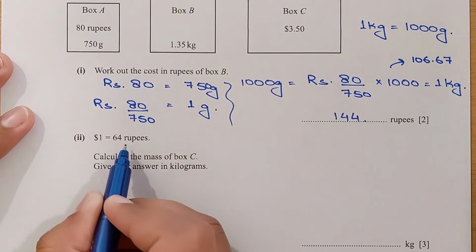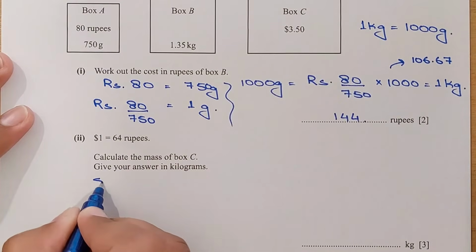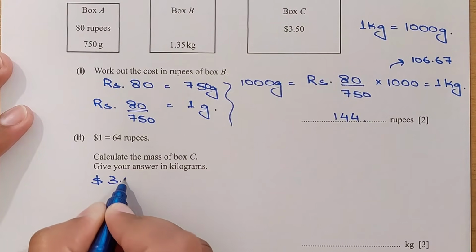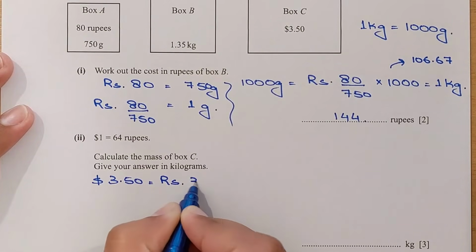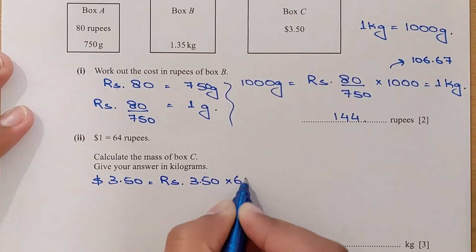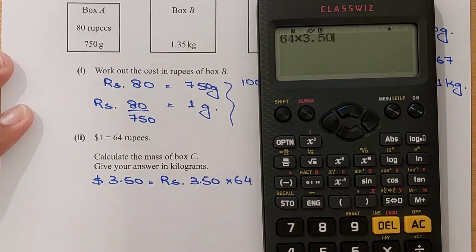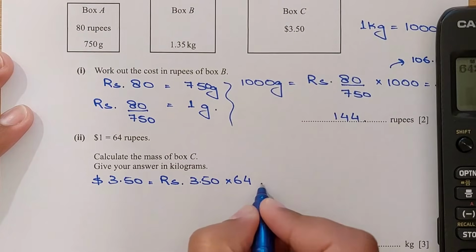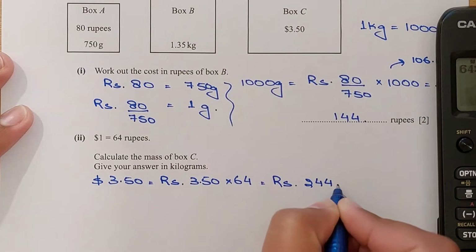Okay, so $1 equals 64 rupees. So $3.50 in rupees is equivalent to 64 times 3.50, which is 224 rupees.